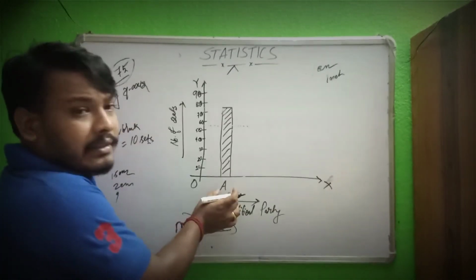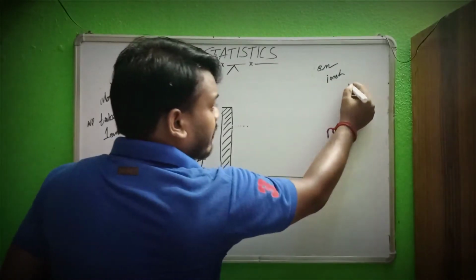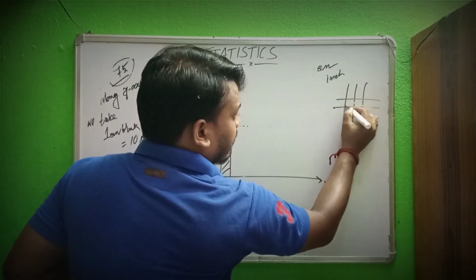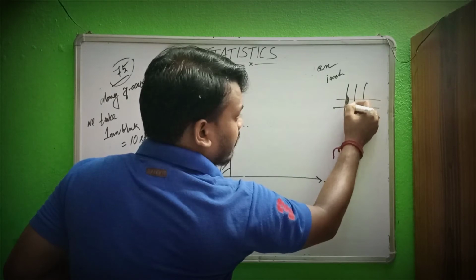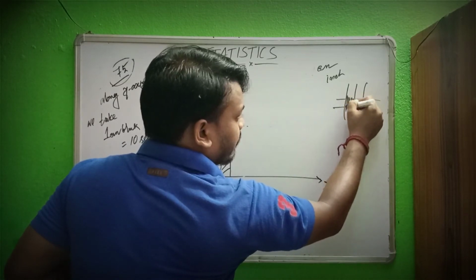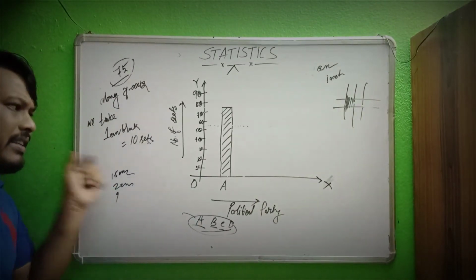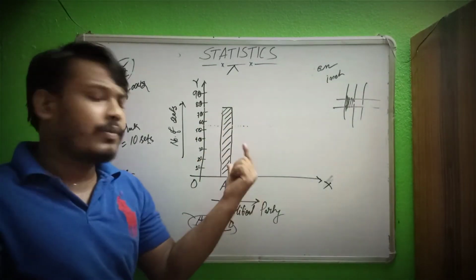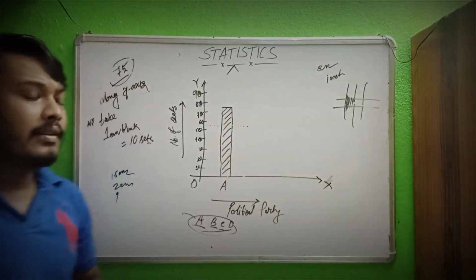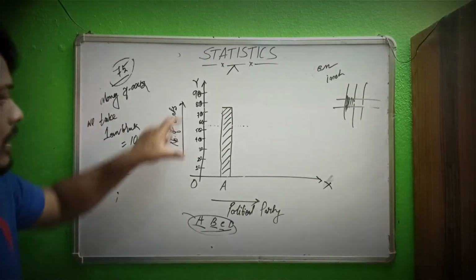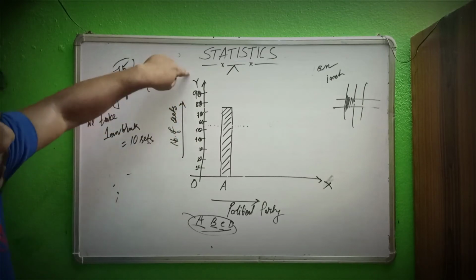Here it is a centimeter graph, and there are 10 small divisions. Okay. So if it is 1 centimeter, then it is your choice. What is the width of the bar? Not length. Length is given along the y-axis.